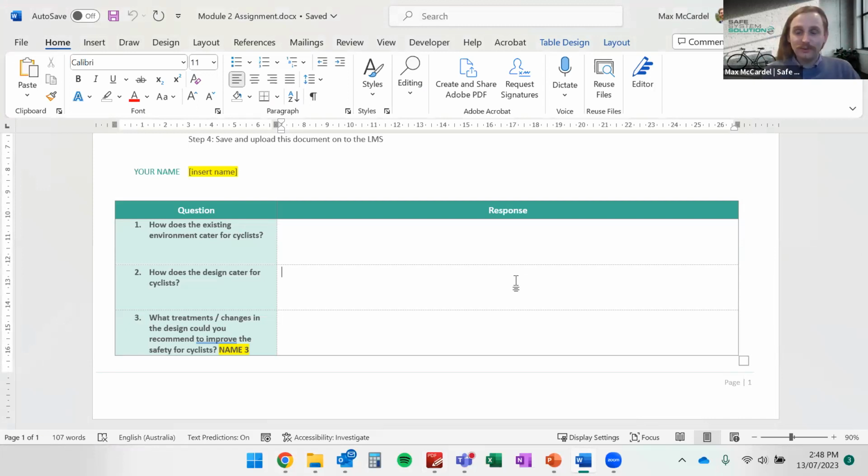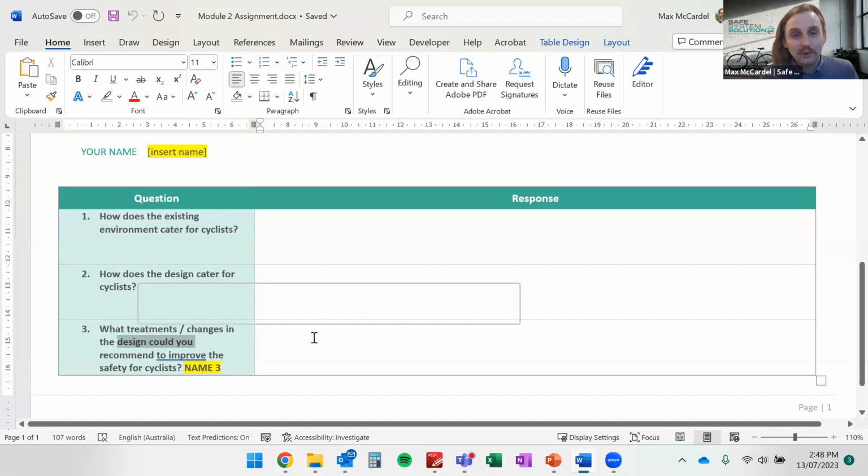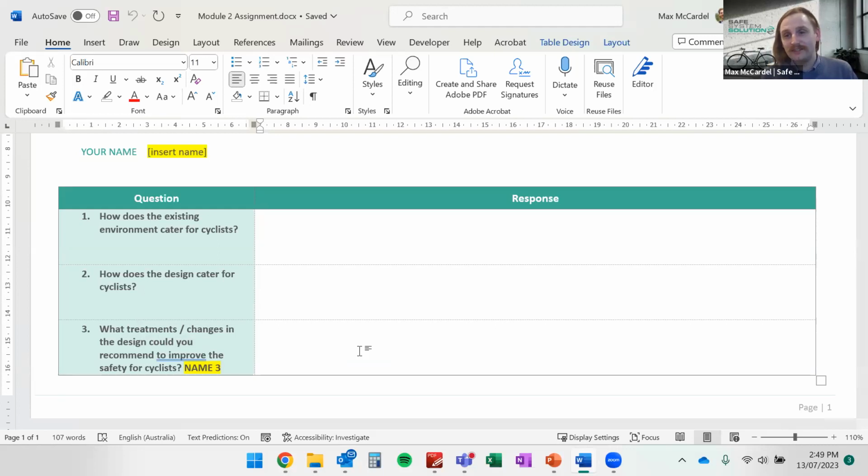Okay, so the first one was existing conditions. Second one is the design. The third question is now you get to put your design hat on, or you can reference all the material that we've gone through in module 1 and module 2 and have a think about what treatments or changes in the design you would be recommending to improve safety for cyclists.